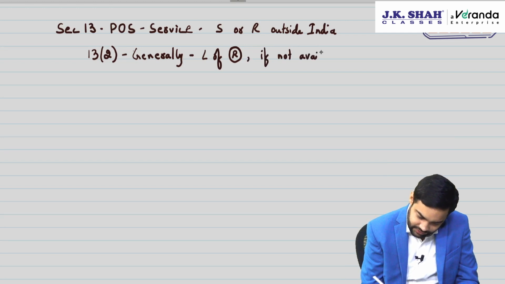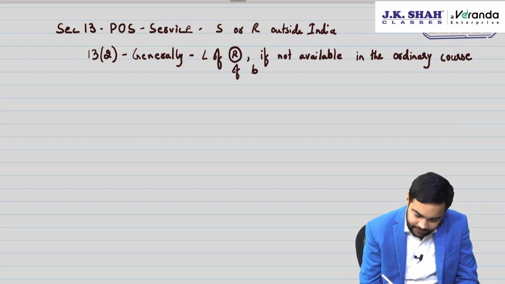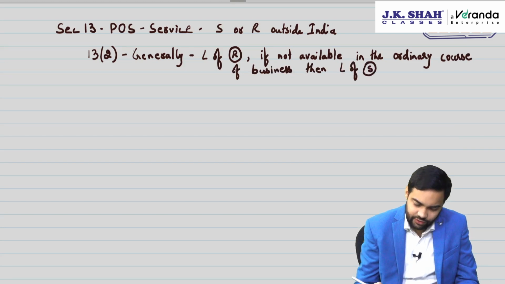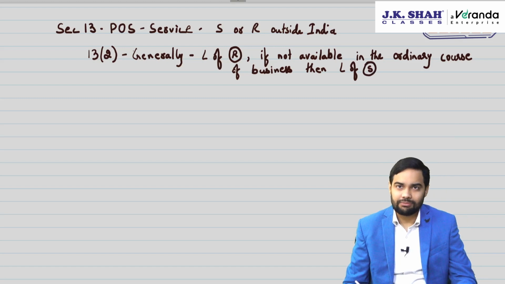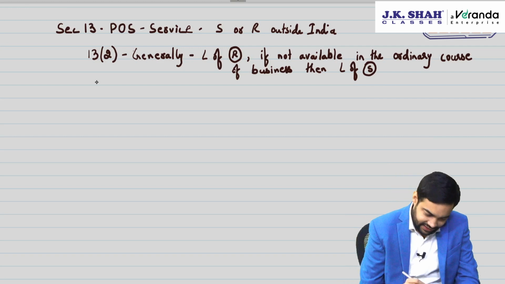If not available in the ordinary course of business, then location of supplier. But remember one thing, use the default rule only when it is not a specific case, because the moment it is a specific case, you'll have to go by that particular specific case.